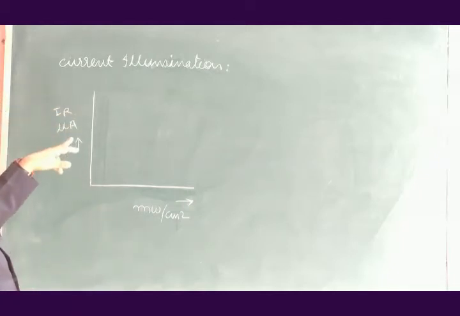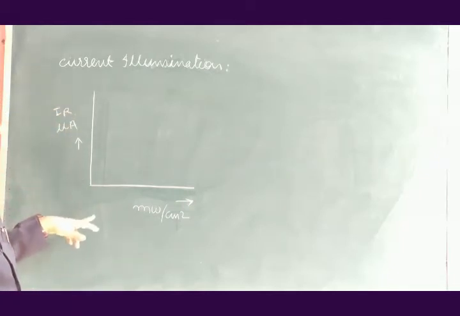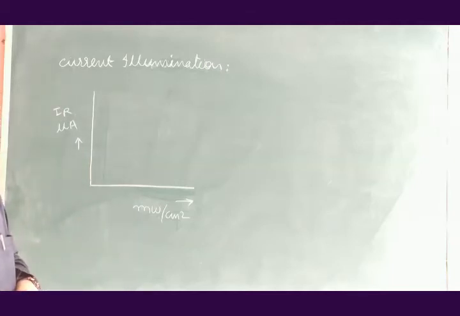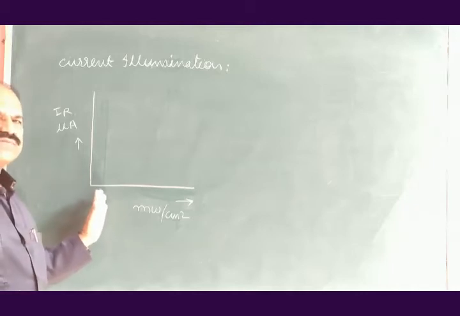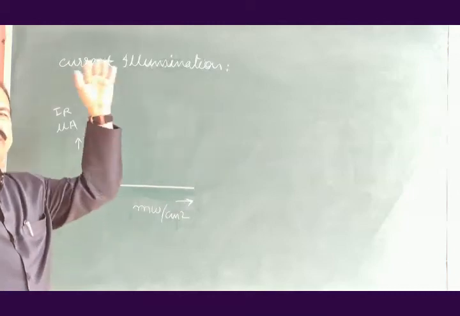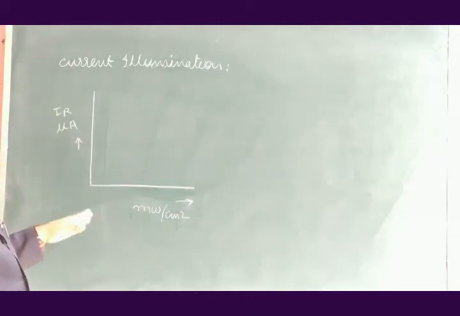Corresponding currents are noted. The intensity of light in milliwatt per centimeter square is varied in regular steps, maybe 2, 4, 6, 8, 10, 12, like that. And every time the current flowing through the photodiode is noted.